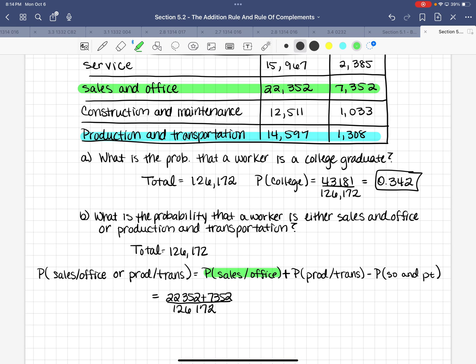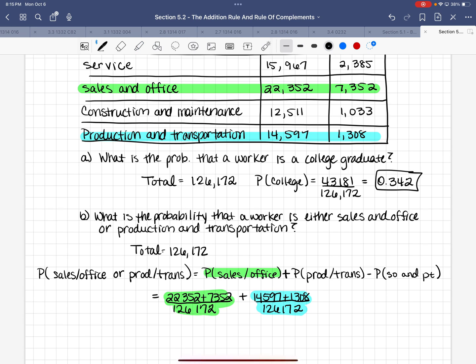So sales in office, this is sales in office. Okay? Plus, okay, production and transportation, which is 14,597 plus 1,308 all over 126,172. We'll make him blue, because that's what I highlighted him blue up there as.